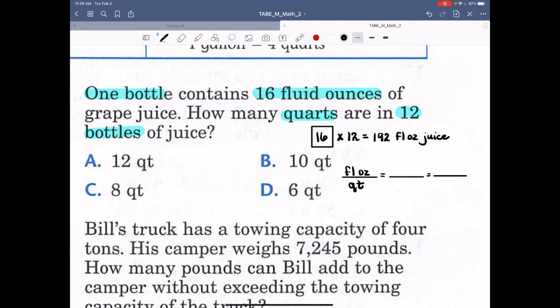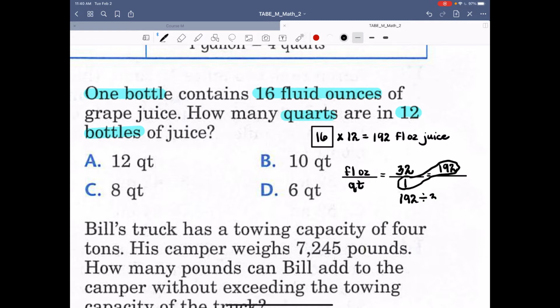Now I know that 1 quart has 4 cups, so that's 4 times 8 fluid ounces. That's 32 fluid ounces in a quart. And I need to convert 192 of those fluid ounces. So I'm going to say 192 times 1, that's 192.